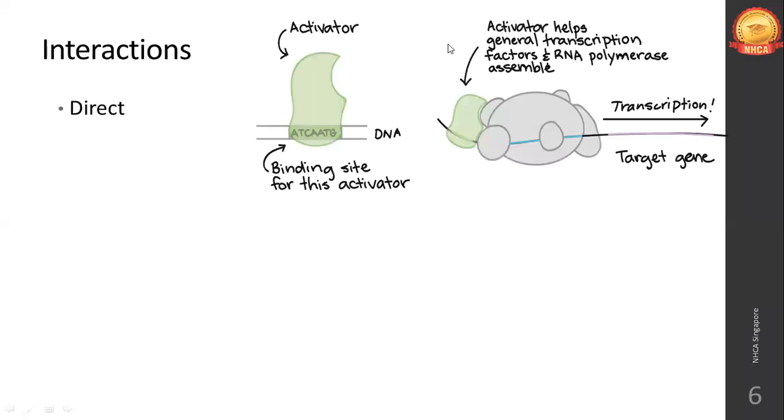In this image, you can see a DNA protein, which is an activator. This is the binding site of the activator. This green thing is an activator. Let's consider this activator as a nutrient, and it comes onto the DNA where it has a binding site.